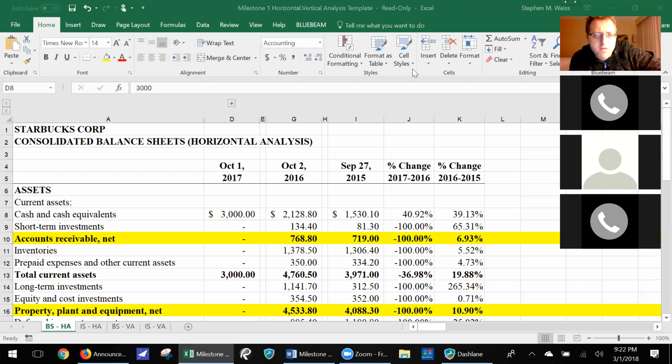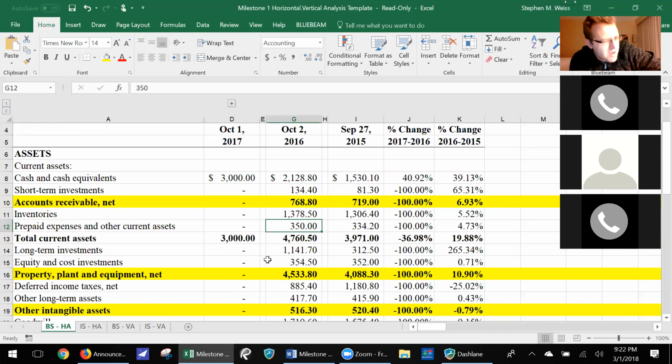I have 350 in G12. Okay, that is correct then. It should be 350. She's saying D12 is incorrect. There shouldn't be anything in D12.